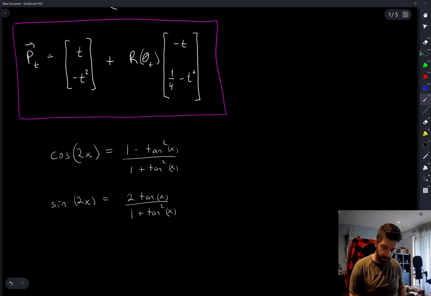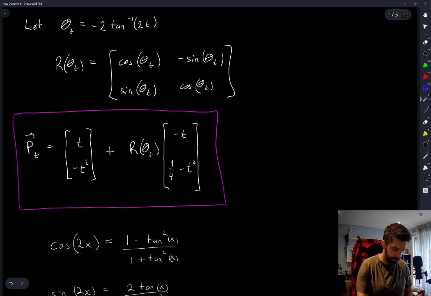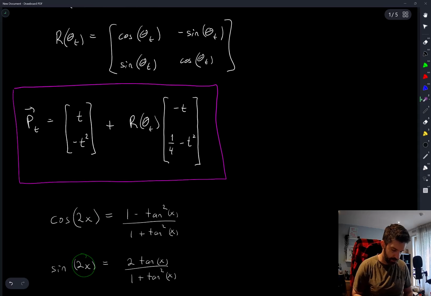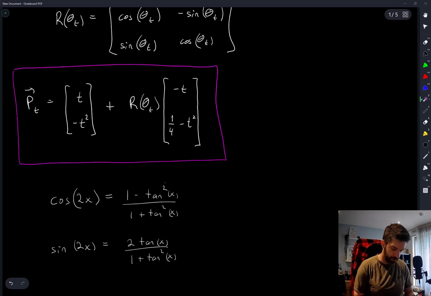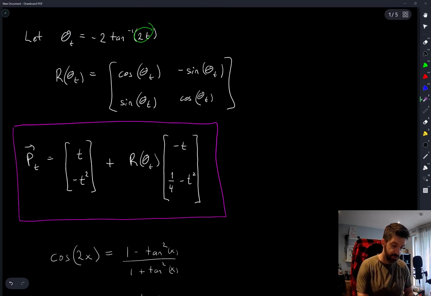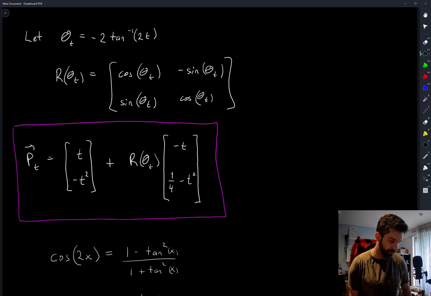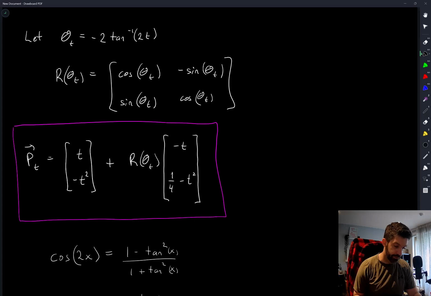And so I'm just going to substitute this quantity in for cosine 2x and sine 2x. And because x itself is written as an inverse tangent, all the appearances of tan x or tan squared x will just turn into 2t. So I'll go through these computations, and then we'll see what the final result actually looks like.